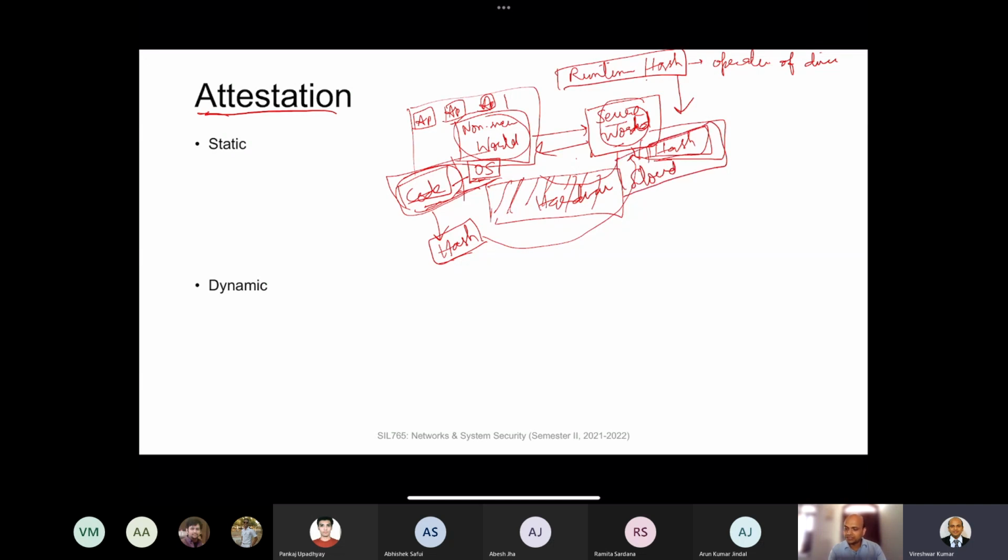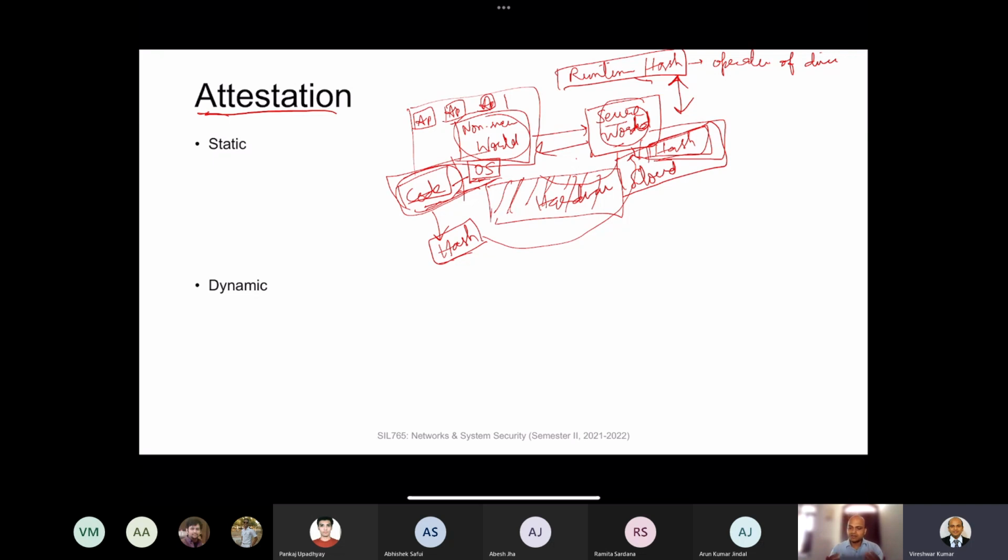It already had this stored value of the digest in the hardware, and at runtime it has computed the hash, and it will compare these two. If they match, it means that the OS has not been compromised. If they do not match, then the OS has been compromised.